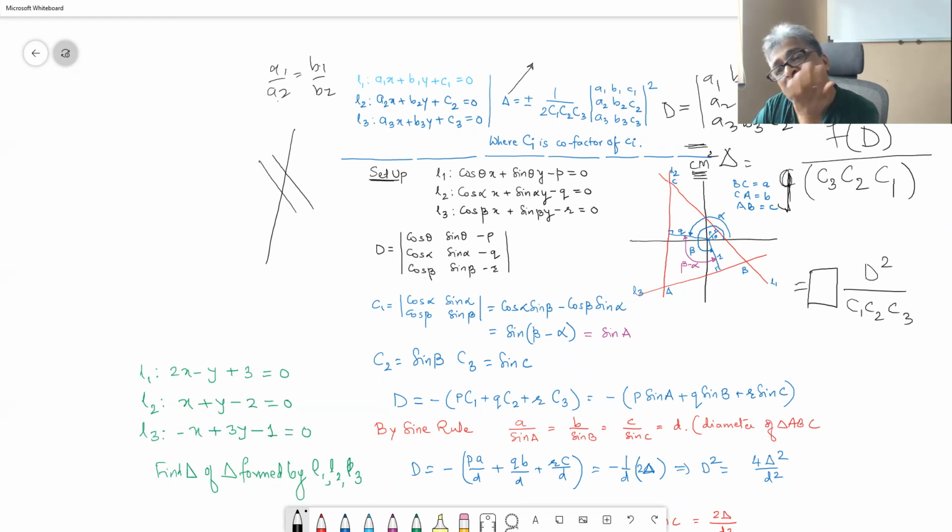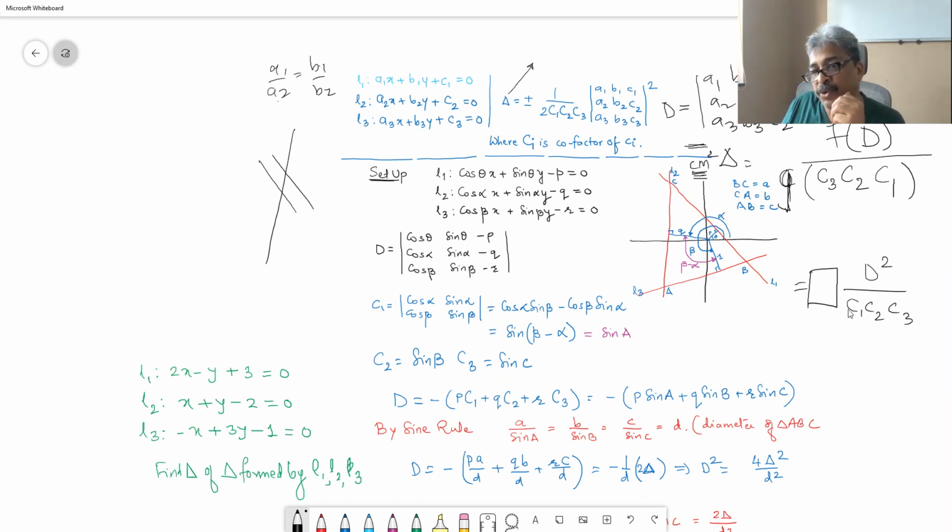Can something like this be done? Maybe think about it, but I think guessing this D square also should be possible in the beginning.